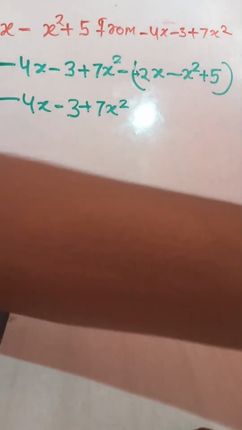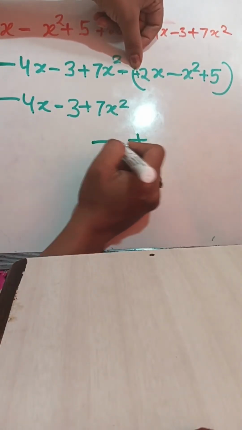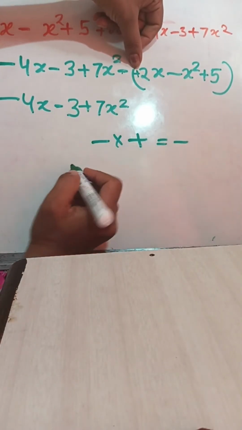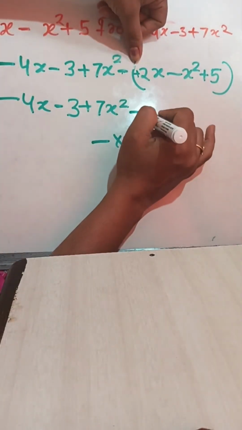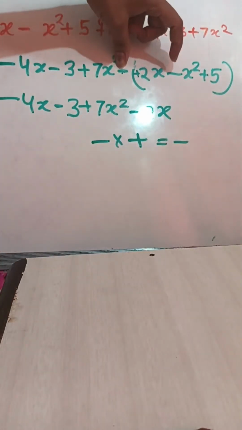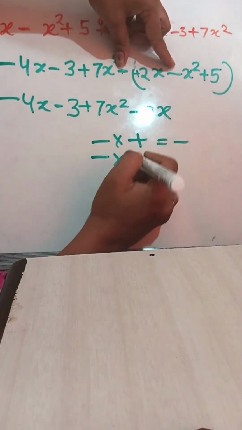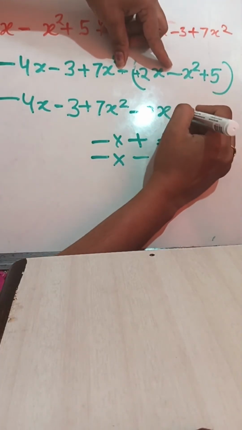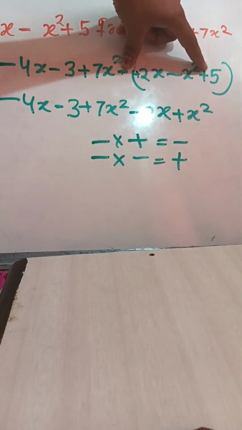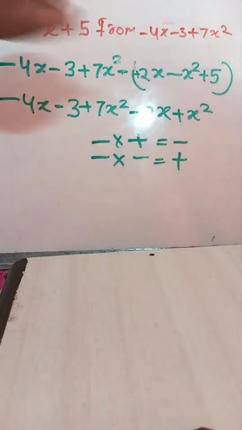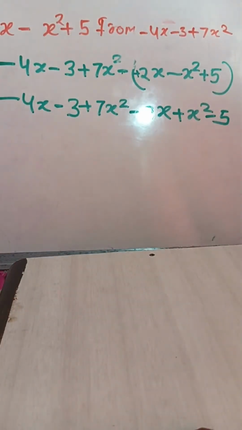Whenever in any term there is no sign, we assume it has a plus sign. Minus times plus gives minus, so we write minus 2x. Again, this minus multiplied by minus x square goes plus, so it's plus x square. Then this minus multiplied by plus 5 gives minus 5. Is it clear?